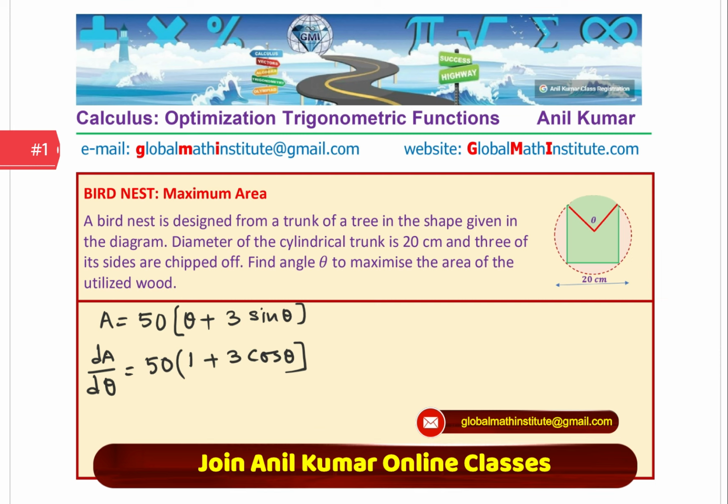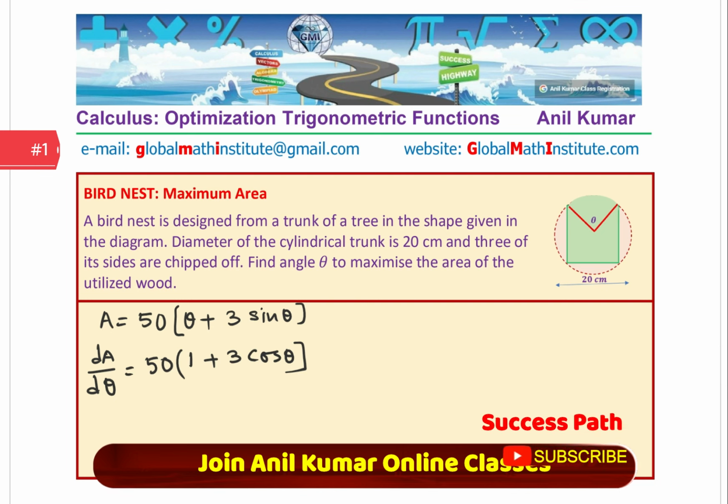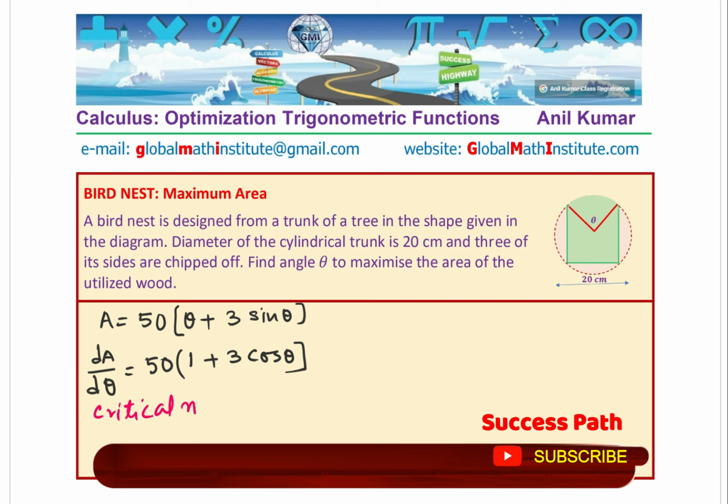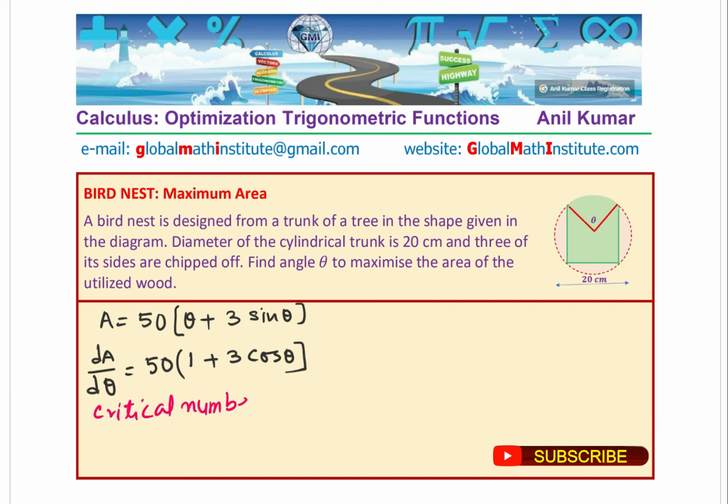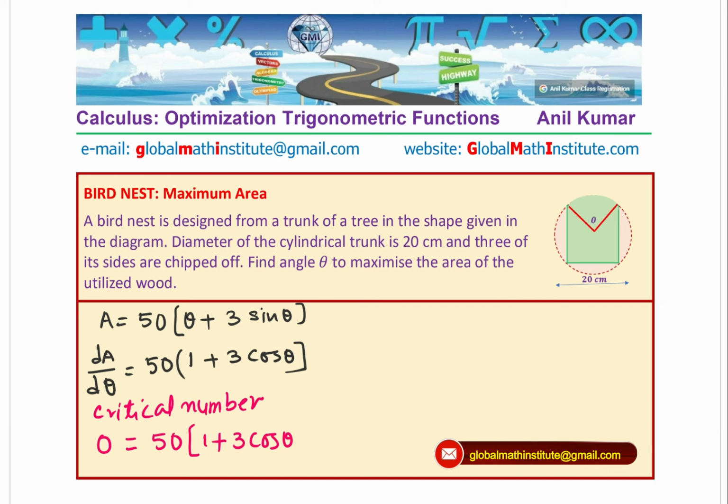And to find a critical number, we have to equate this to 0. 50 times 1 plus 3 cos theta, correct?